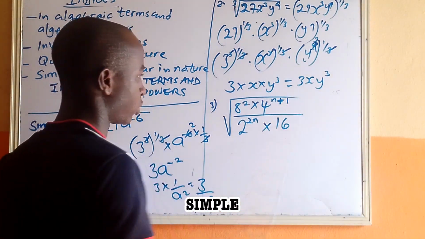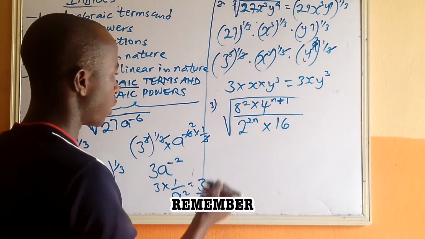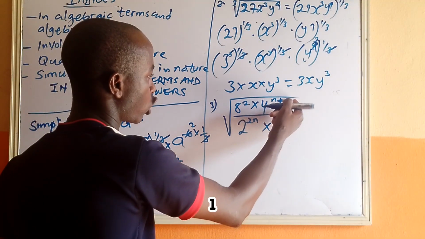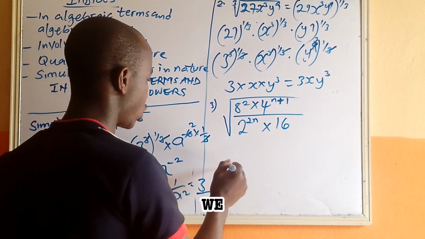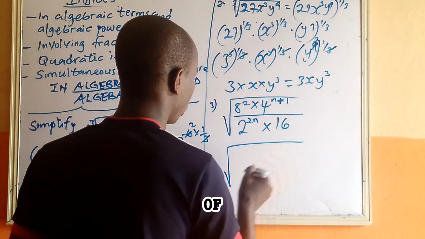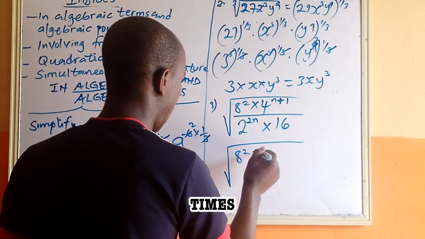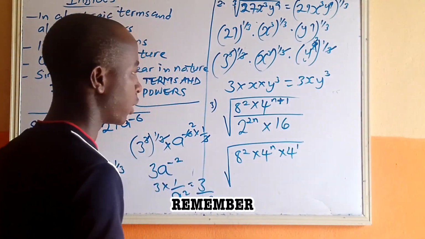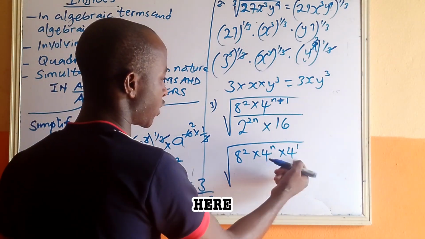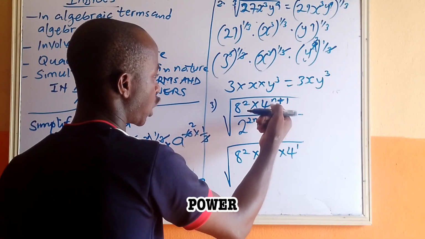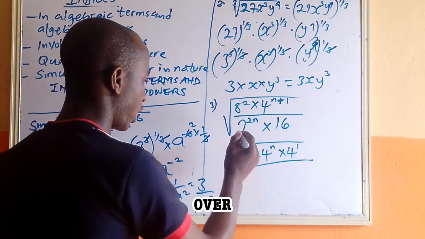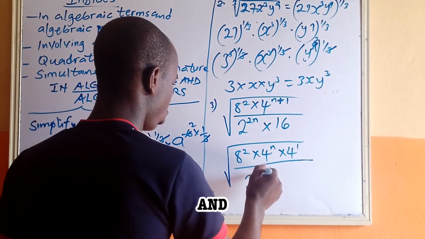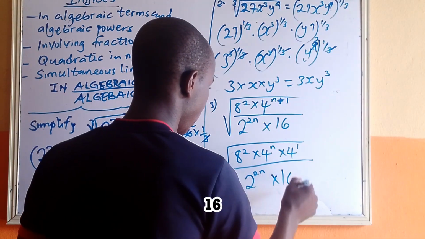It's very, very simple. All what you need is remember that this 4 raised to power n plus 1, we can rewrite it by saying we're having square root of 8 square times 4 raised to power n times 4 raised to power 1, because when you apply the indices here, that is what happens to 4 raised to power n plus 1 all over 2 raised to power 2n times 16.